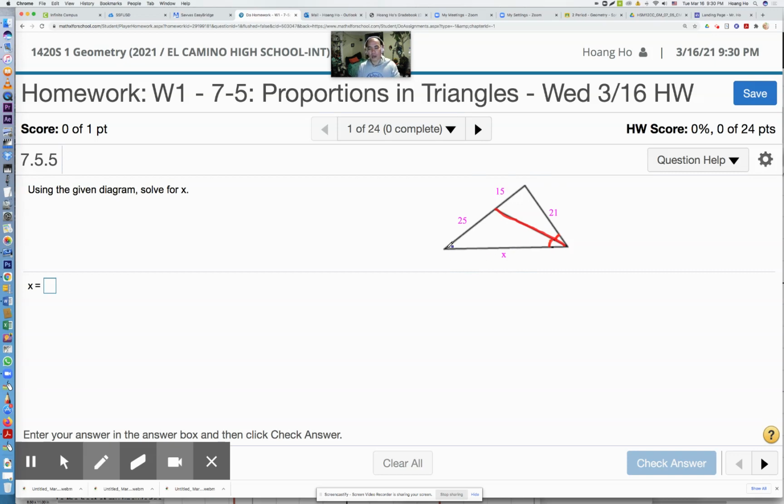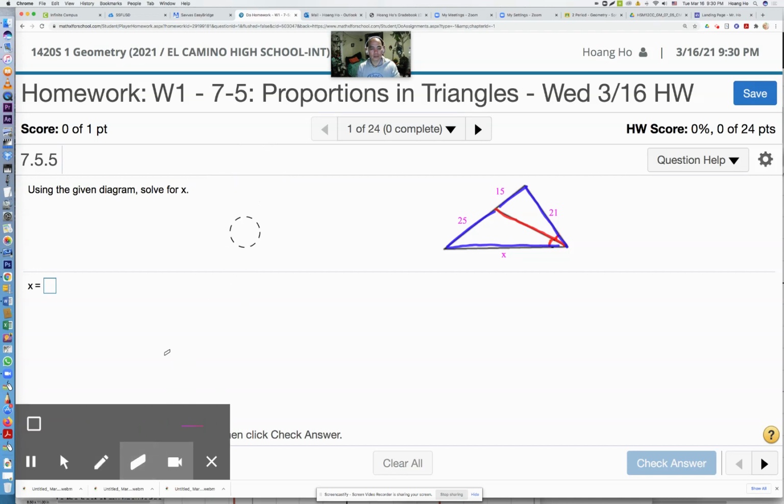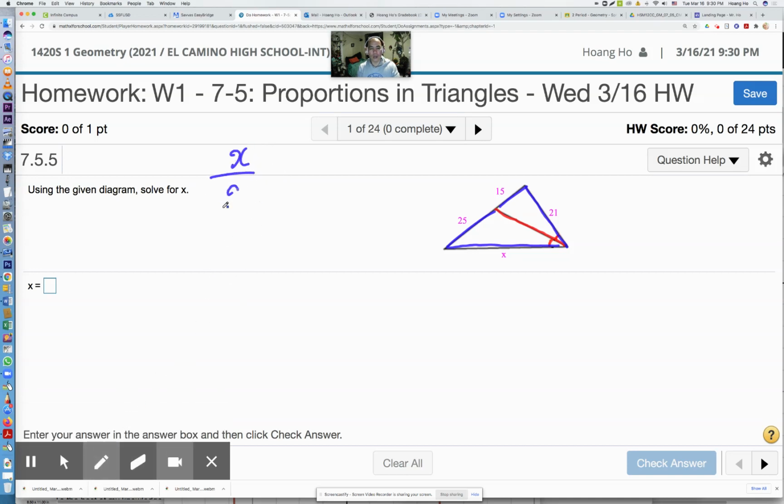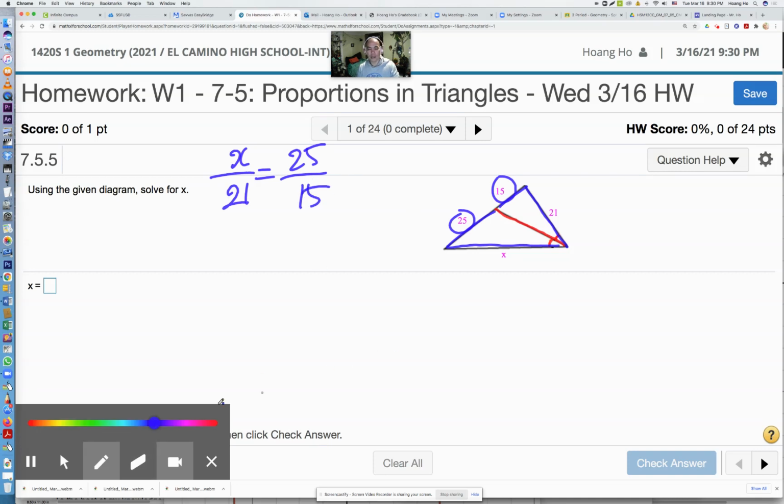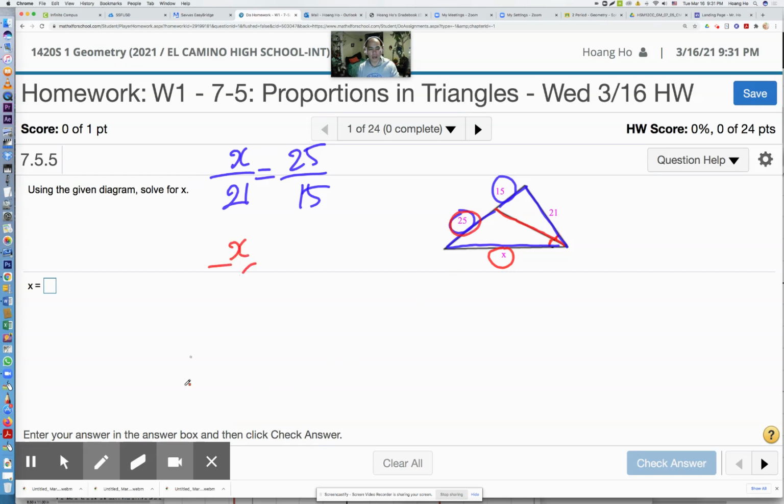I can write x over 21 equals 25 over 15, or I can write x over 25 equals 21 over 15.